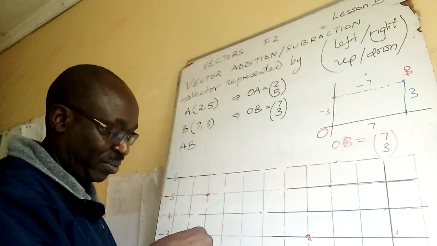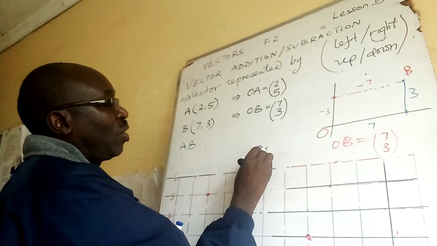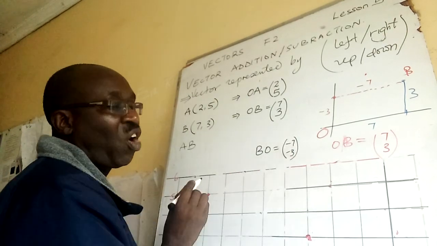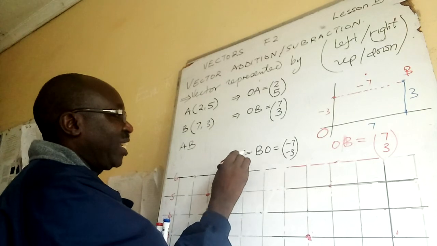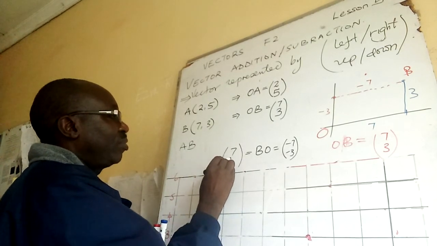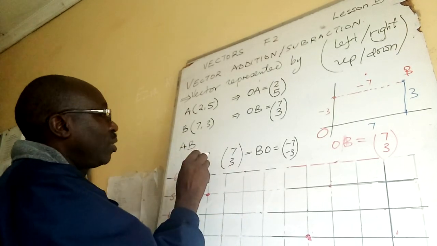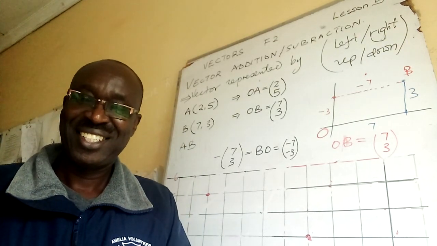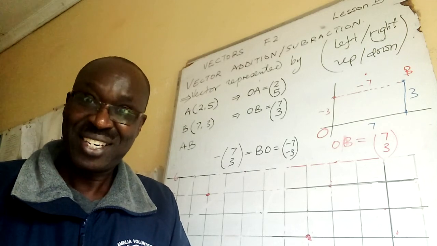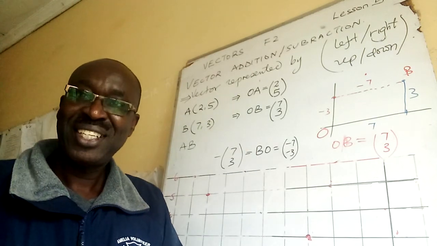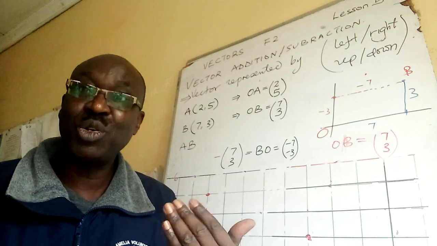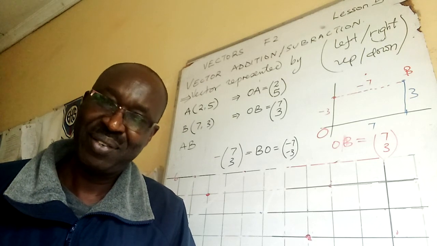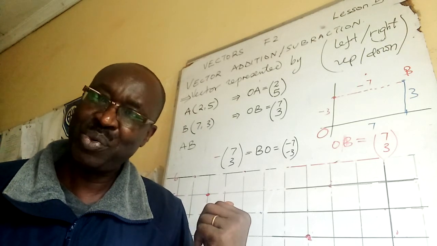So how do I write it now, folks? BO is equal to (-7, -3). Or simply, I can take the negative outside, because it's applicable to both the x coordinate and the y coordinate. I hope you get it right.